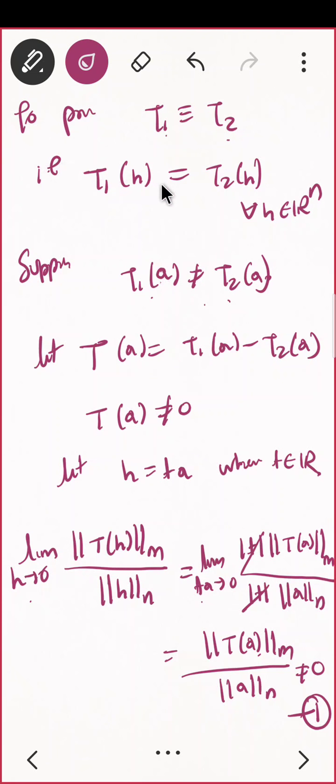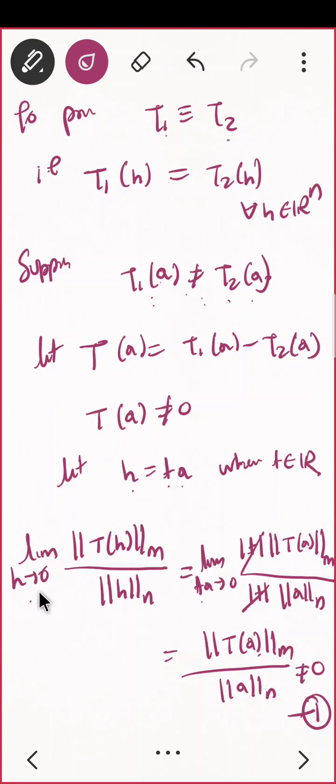So suppose T1 of a is not equal to T2 of a at some point a. Let T of a be the subtraction. This is again a linear transformation, and I can write h as t times a, where t belongs to the real numbers.